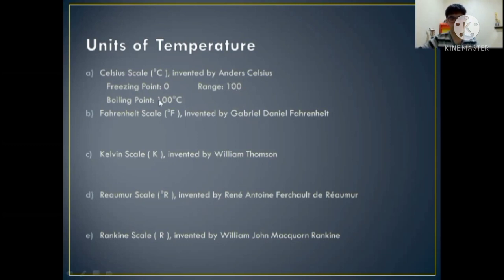So maybe some of you don't know what freezing point and boiling point are. Well, I'm just gonna explain it simply. Just imagine you are boiling water. When you want to boil water, you need to heat up the fire or maybe a stove, I don't know, but if you want to boil it, you of course need the heat source to go to a certain degree so that the water will boil.